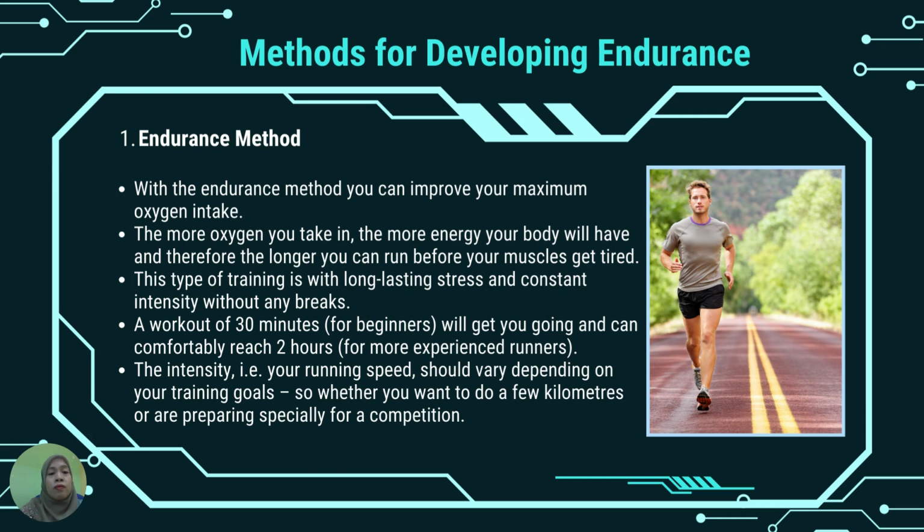A workout of 30 minutes for the beginner will get you going and can comfortably reach 2 hours for a more experienced runner. The intensity, such as your running speed, should vary depending on the training goal, whether you want to do a few kilometers or are preparing specially for a competition.